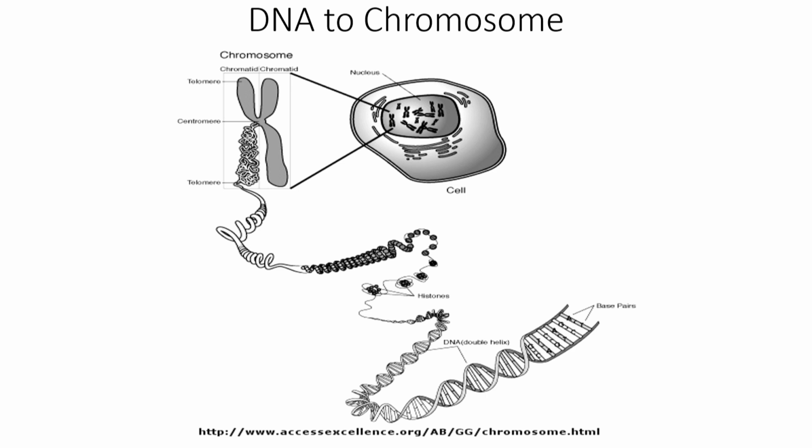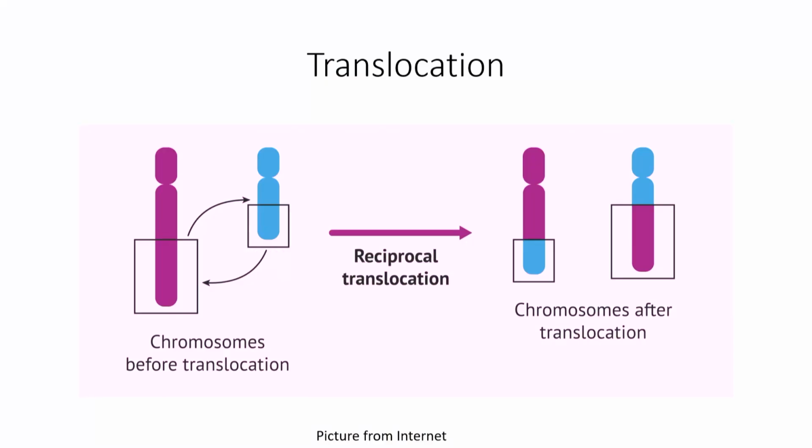So, if there is a translocation, one part of a chromosome goes to another chromosome, that means some of the genes are getting transported to the other chromosome and vice versa. So, this is translocation. In one of the lectures, the 3rd lecture, I did talk about translocation.